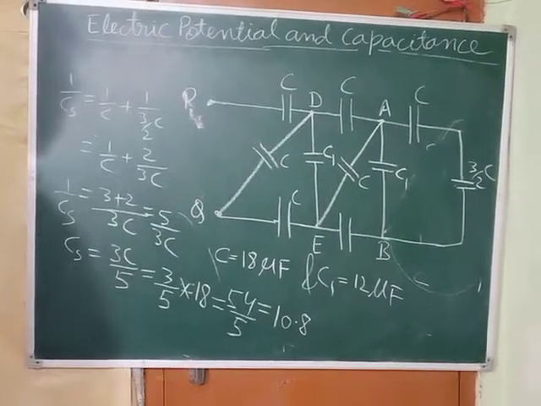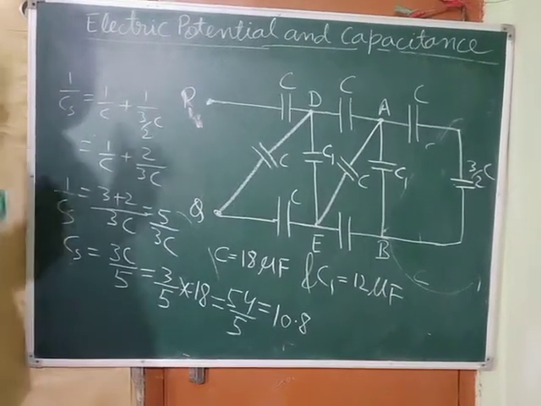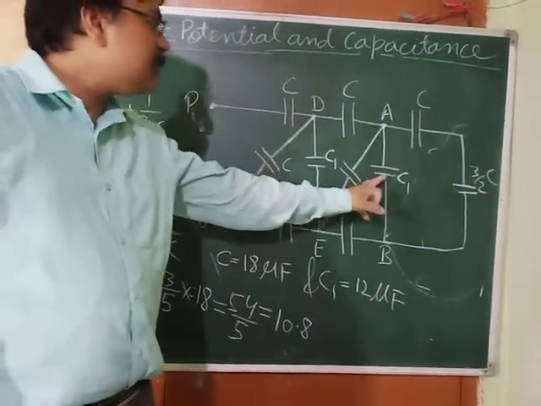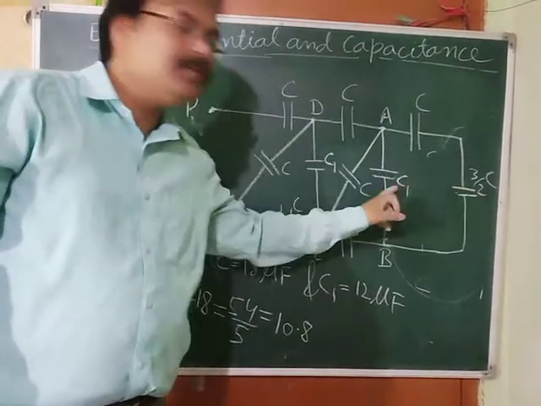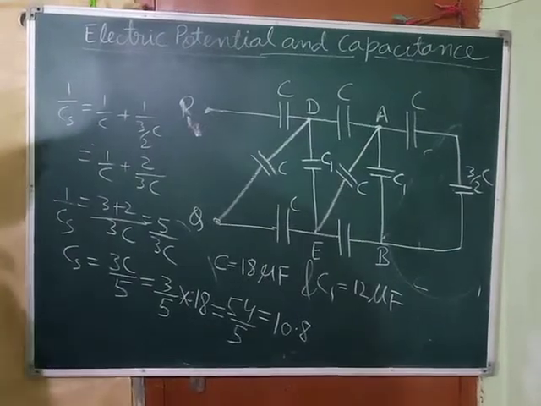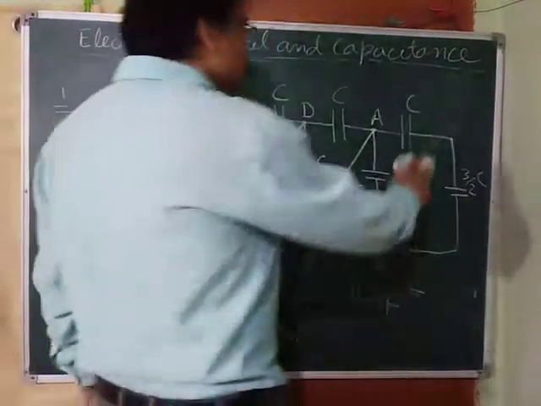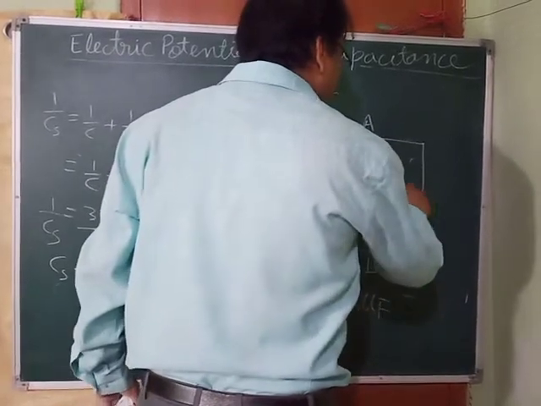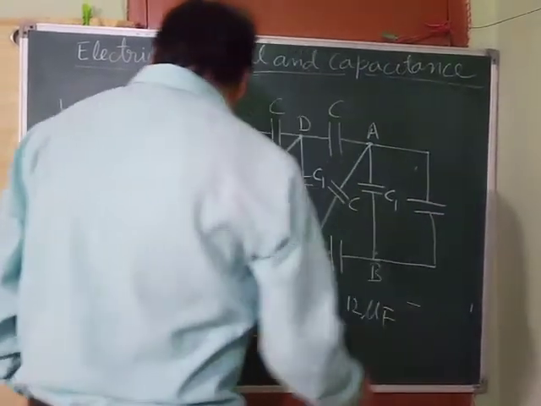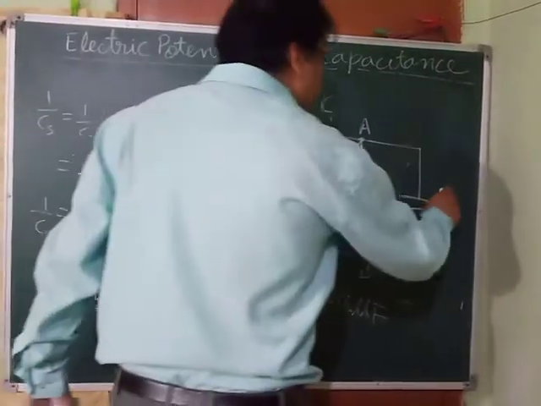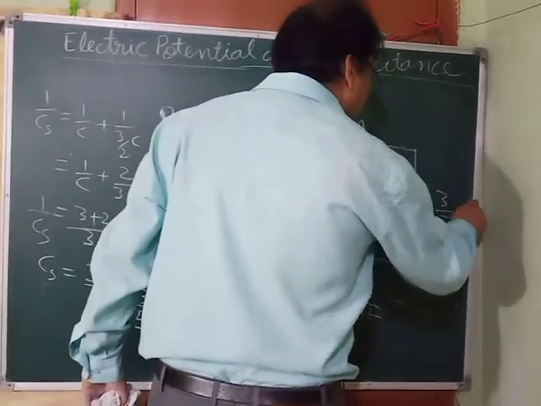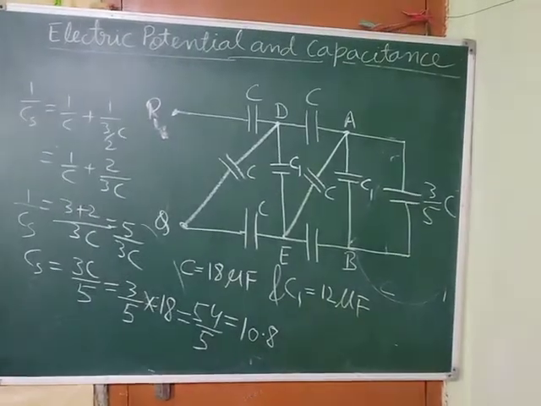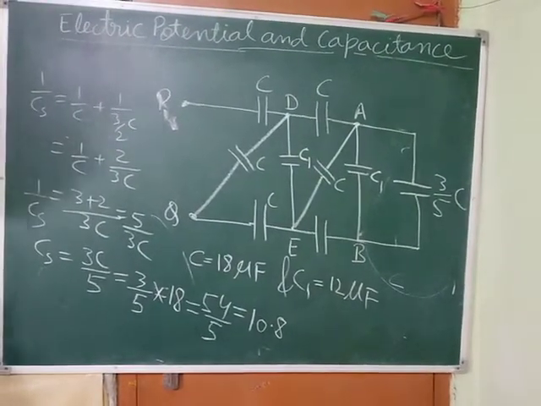Now what we need to do, this is in parallel with these two, so our circuit has been reduced to this. What is the capacitance of this? 3 by 5 C, and 3 by 5 C is coming to 10.8.